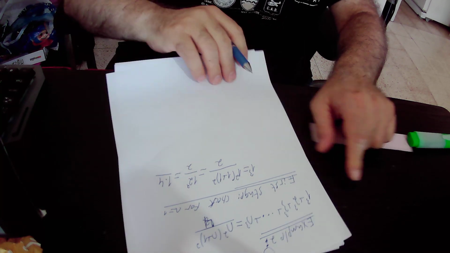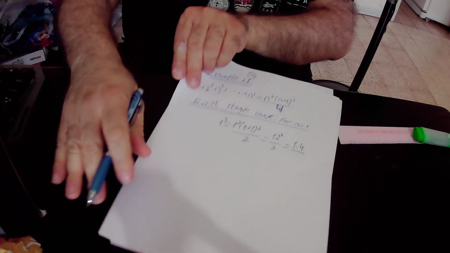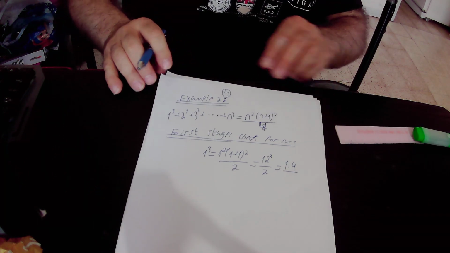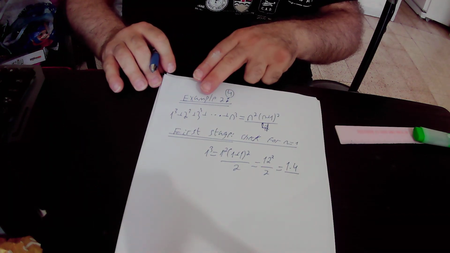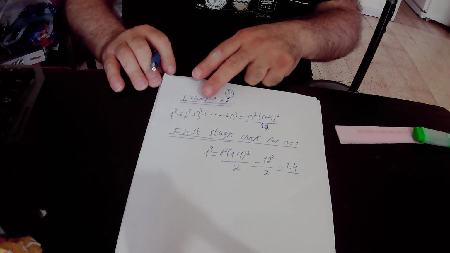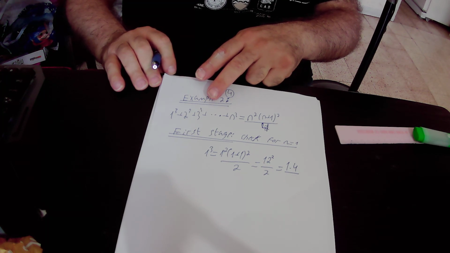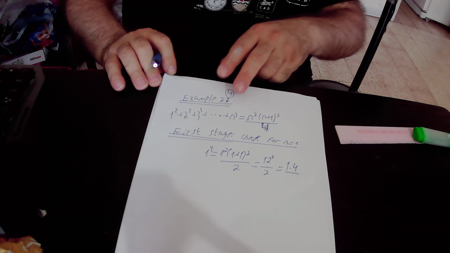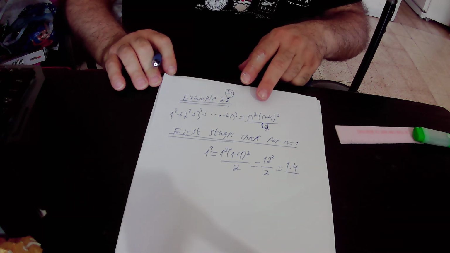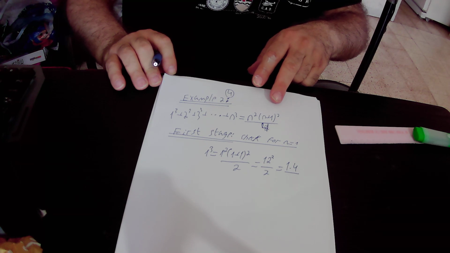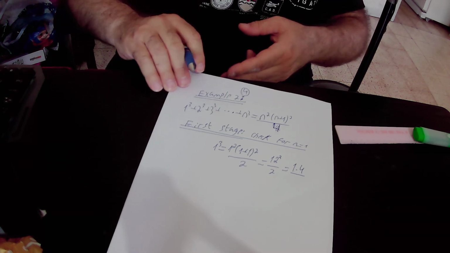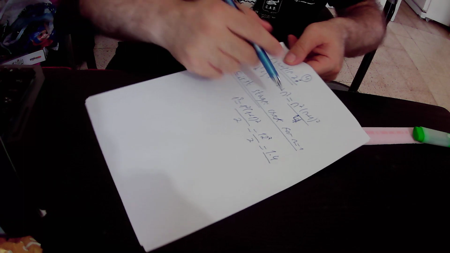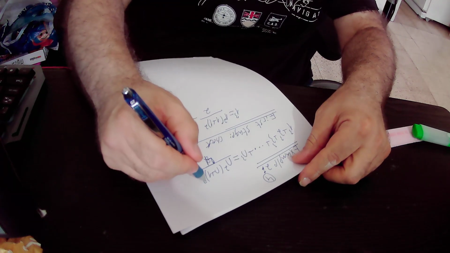The original statement is 1 to the power of 3 plus 2 to the power of 3 plus 3 to the power of 3 plus ... plus n to the power of 3 equals n squared times (n plus 1) squared, all divided by 4. So we divide it by 4 and not by 2.